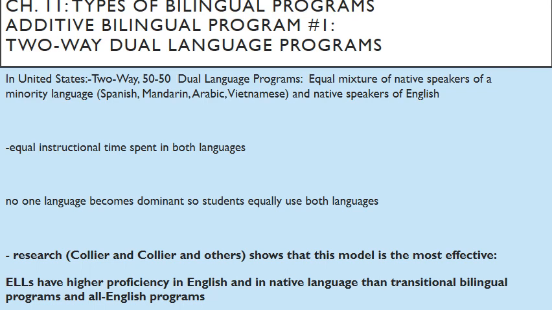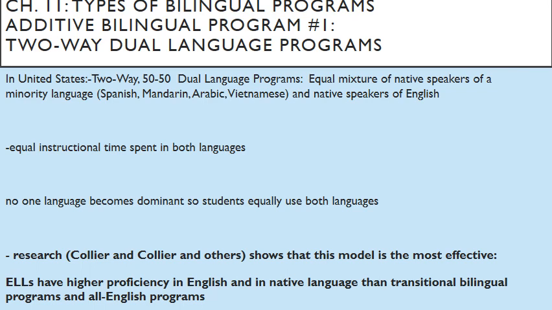In the two-way dual language programs, ELLs, or English language learners, have a higher proficiency in English, and they also develop higher academic proficiency in their native language, and they have higher levels in both compared to students who are in other types of bilingual programs or all English programs.